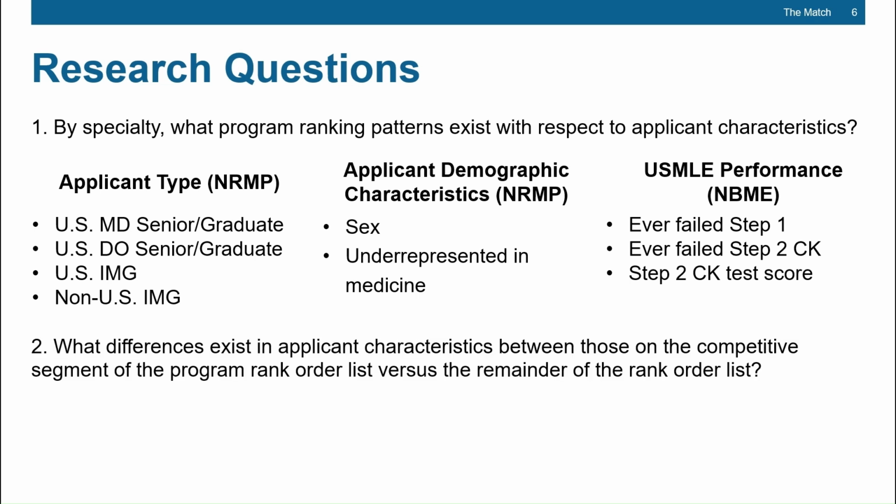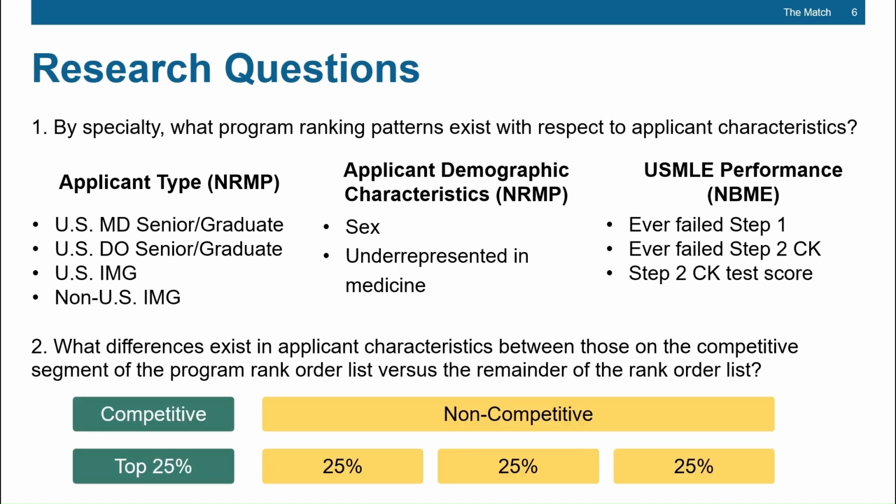Next, we will look at what differences exist in applicant characteristics between those on the competitive segment of the program rank order list versus the remainder of the rank order list. We define competitive as the top 25% of each program's rank order list, while those on the remainder of the rank order list, that is the remaining 75%, we consider to be non-competitive.